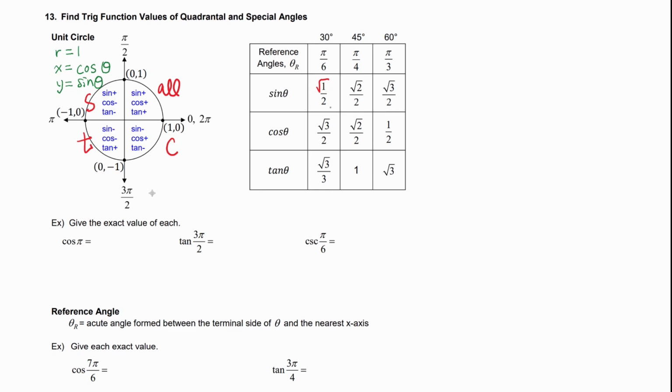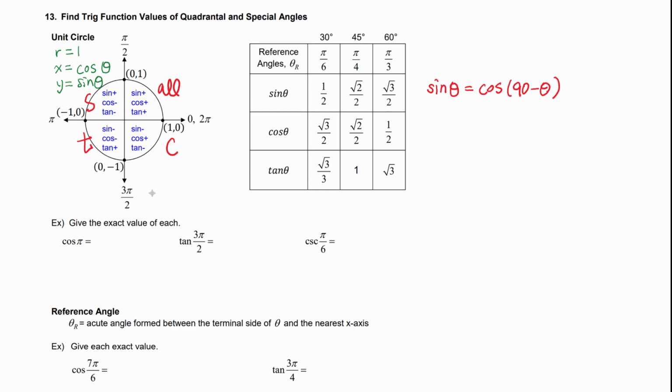And I just memorized that and say cosine is backwards. It's radical 3 over 2, radical 2 over 2, radical 1 over 2, because radical 1 is just 1. That way it's easier to memorize. And also the reason is because the sine and cosine functions are cofunctions of each other. So for any angle theta, sine theta is equal to cosine of 90 minus theta.